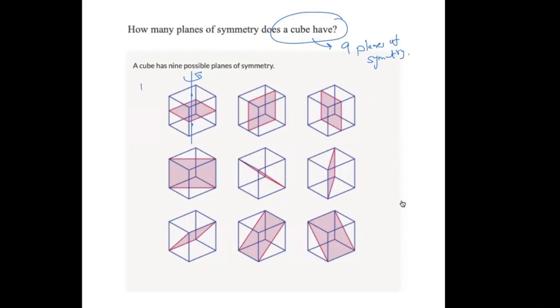Very good. So you always see the base. If the base has 4 lines of symmetry, then the rotational symmetry of the solid 3D figure is also going to be 4.